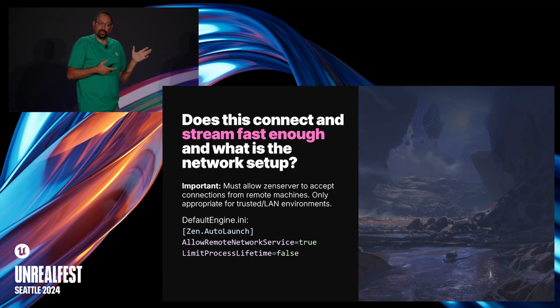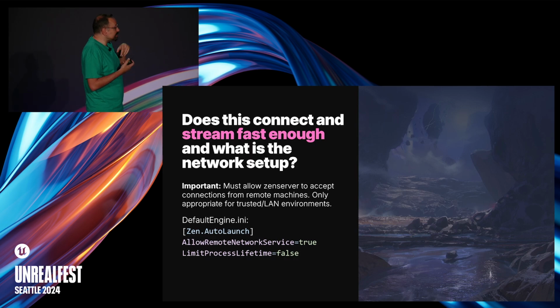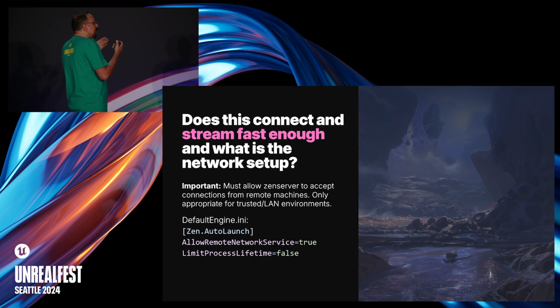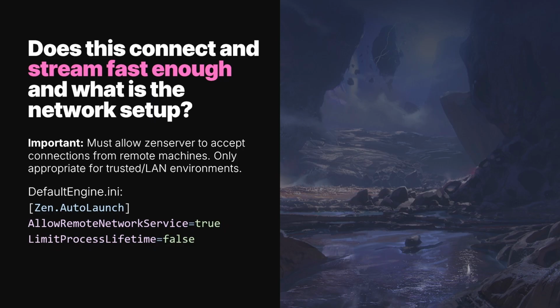This is not something to do on an untrusted network or public internet. And you can see there what's involved in making those configuration changes in the default engine.ini to allow a remote network service for Zen and to allow Zen to keep running even after the editor has closed by not limiting its process lifetime.